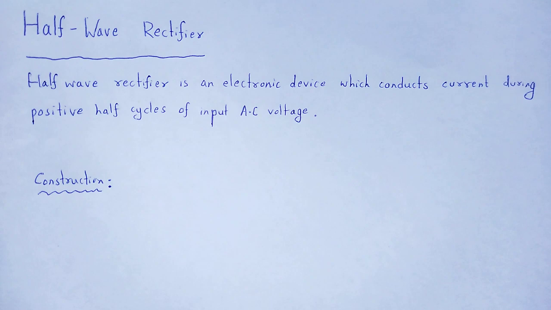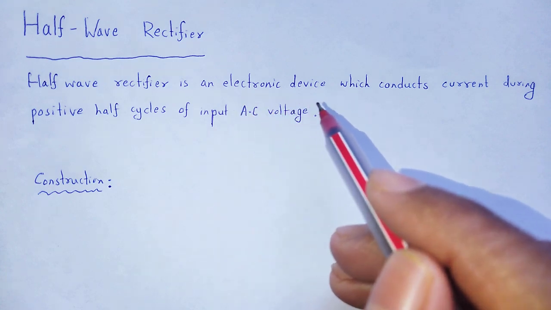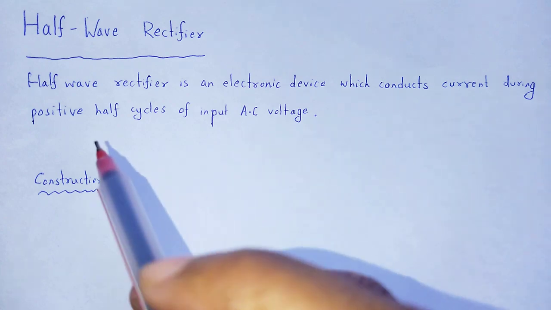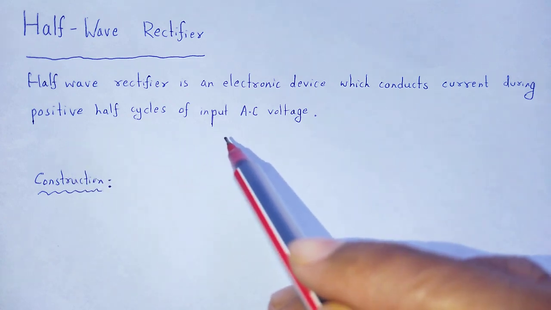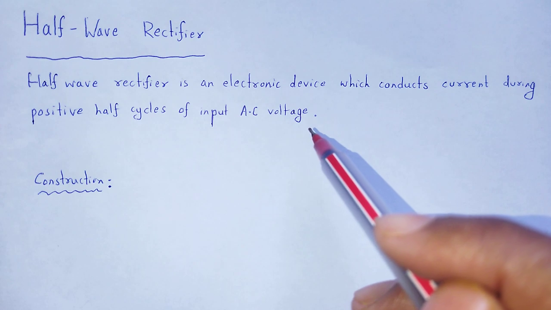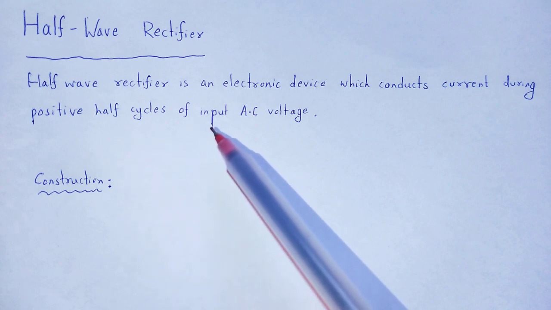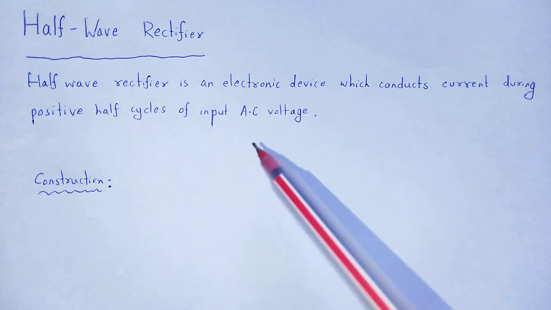Here, half wave rectifier is an electronic device which conducts current during positive half cycles of input AC voltage.